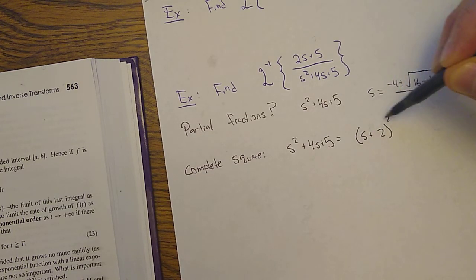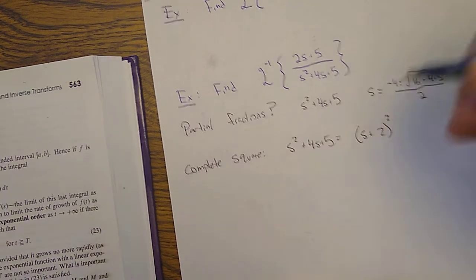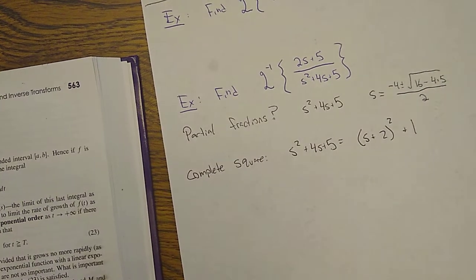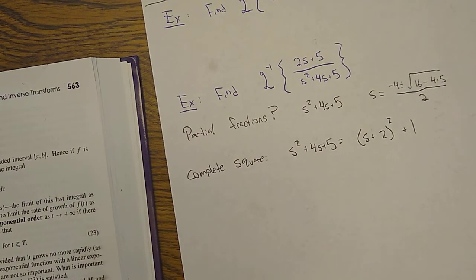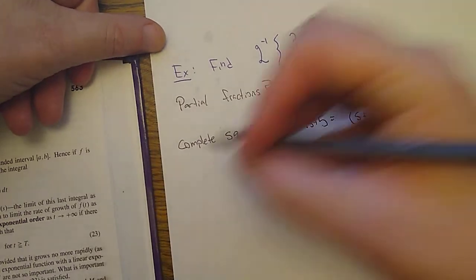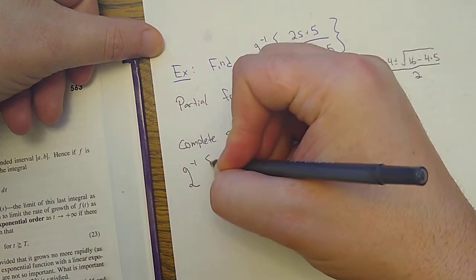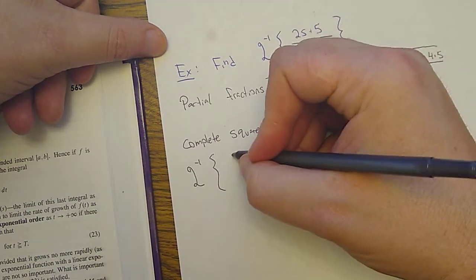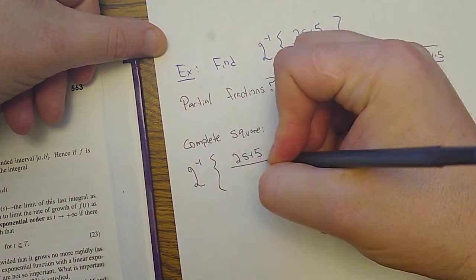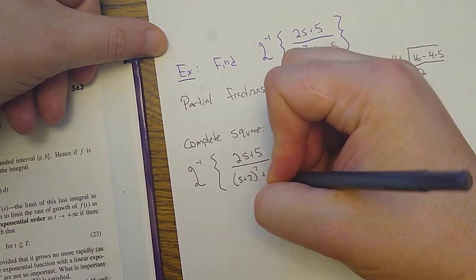Of course, if I squared this, it would give me s squared plus 4s plus 4, and I actually had plus 5, so I need an extra 1. So now I've completed the square. So where are we now? This is s plus 2 squared plus 1.